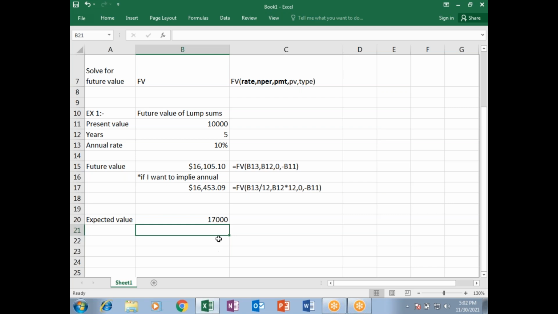So what do I need to do for that? To find out the expected future value, either this or this, I need to use a goal seek function.